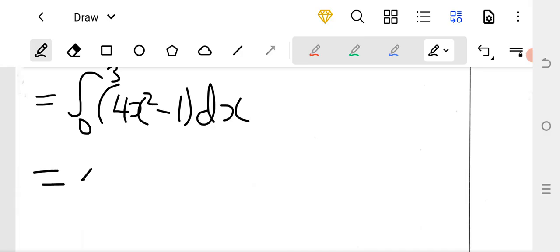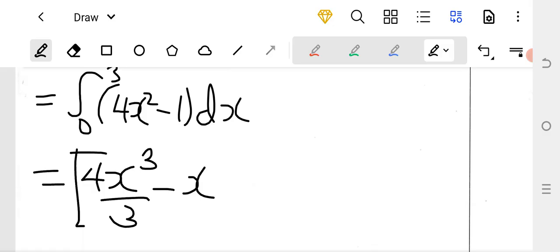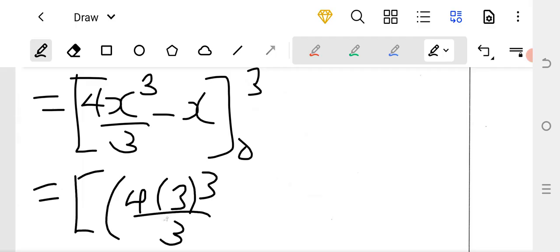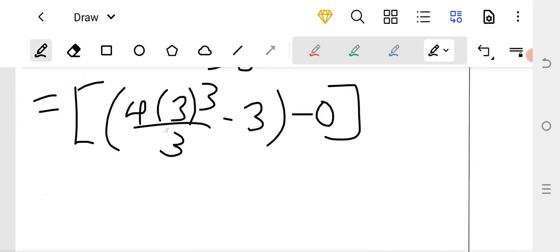This is going to be equal to 4x, we add the 1 to the power, we divide by the new power, minus x. So just becomes x. And then we're integrating from 0 to 3. This is going to be equal to 4 multiplied by 3 to the power 3 divided by 3 minus 3 minus 0, which is, so here the 3's can cancel out to give you a 3 to the power 2.